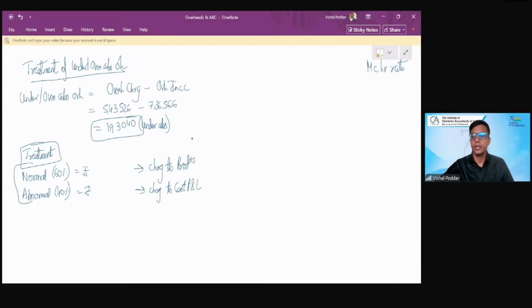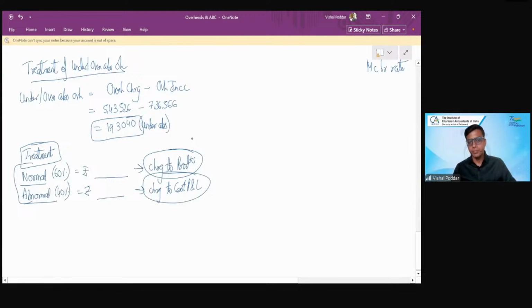So this is our standardized treatment. What is the standardized treatment? This amount will be charged to product. This amount will be charged to P&L. This is where the question has given you the breakup of normal and abnormal.